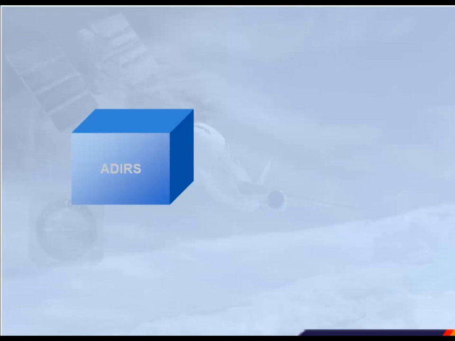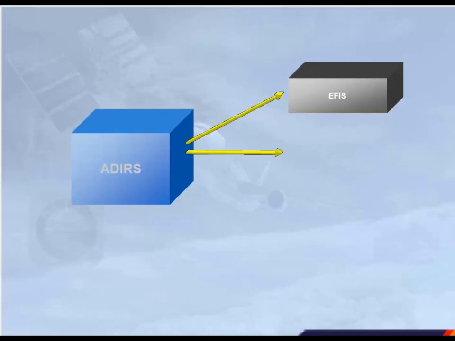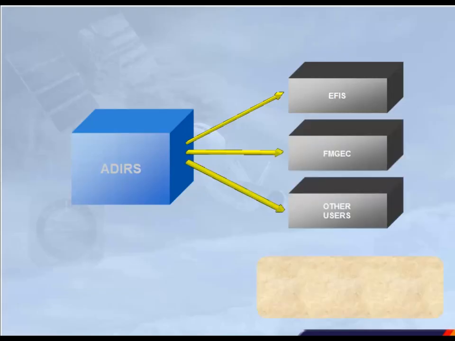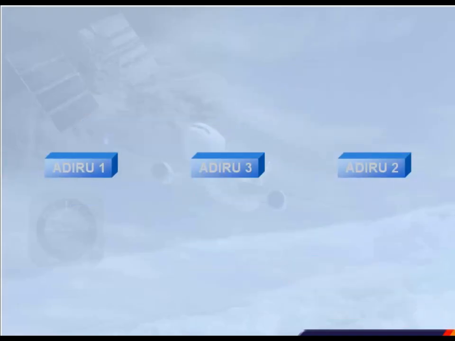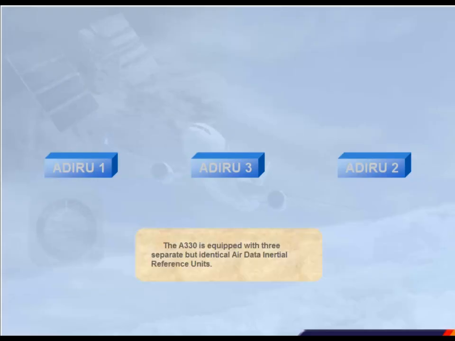The purpose of the Air Data Inertial Reference System, ADIRS, is to provide air data and inertial information to the EFIS system, the FMGEC and other users. The A330 is equipped with three separate but identical air data inertial reference units.